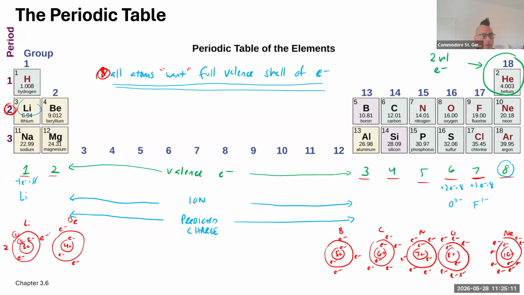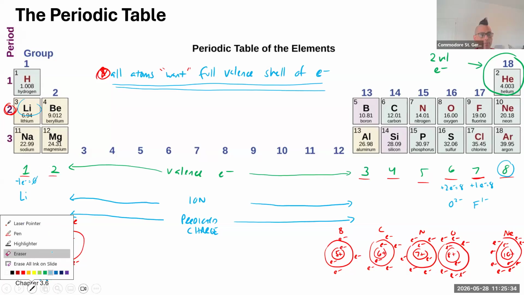Because if you lose these 2 electrons, this is your new valence shell, right? If there's nothing on the outside, that inner one now becomes your valence shell. Oops, sorry. It's only supposed to be that one. There you go. It's only supposed to lose that one, right?